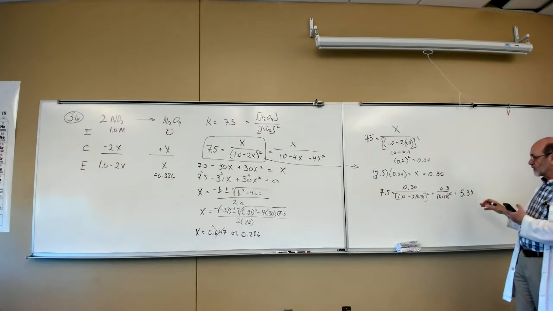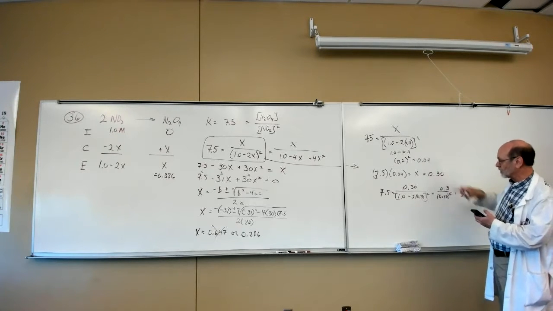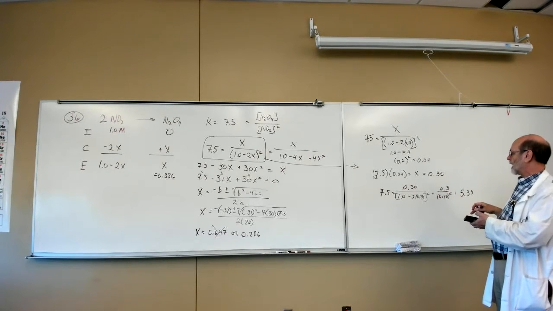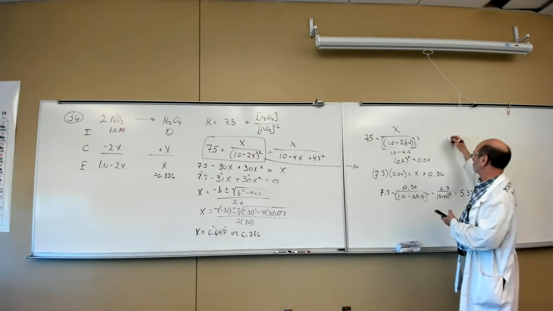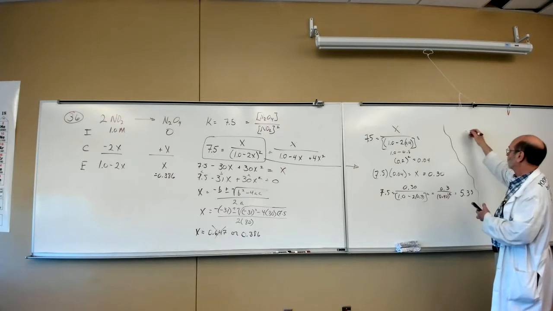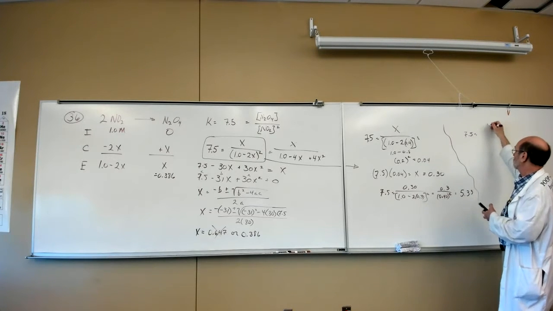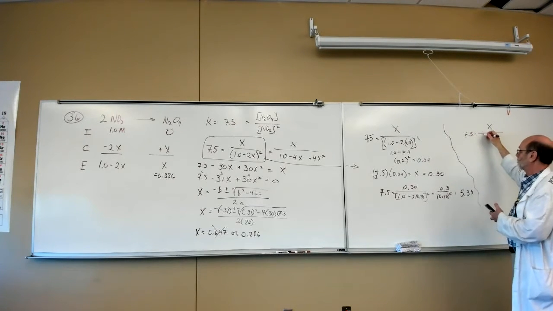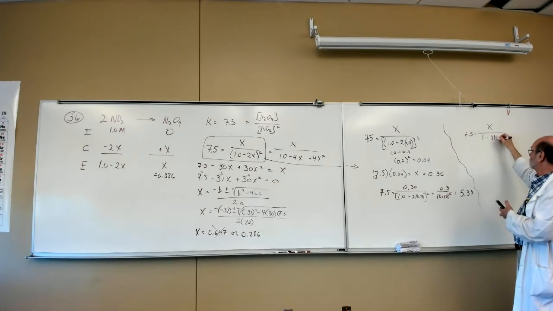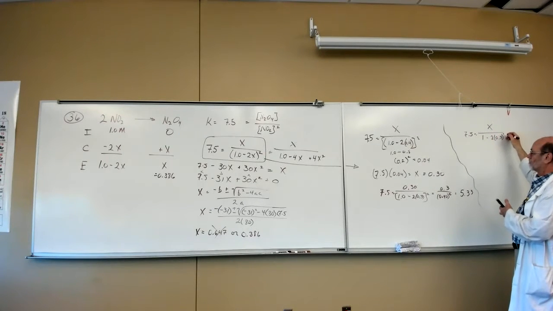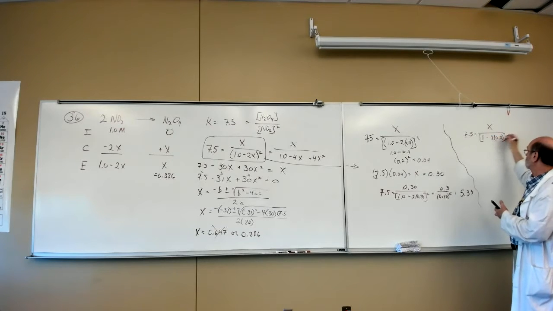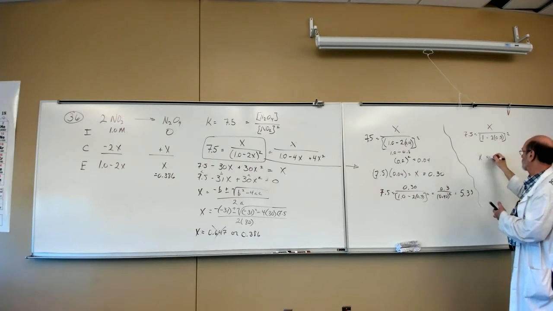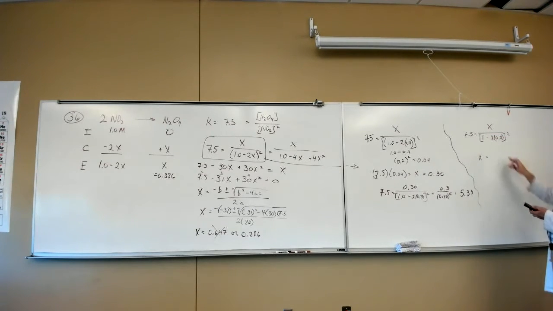Right, so now what we have to do is take this value and plug it back in here and solve for x. So this is 0.4 squared.